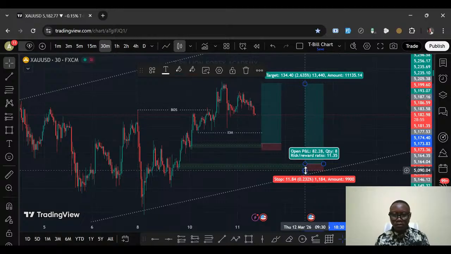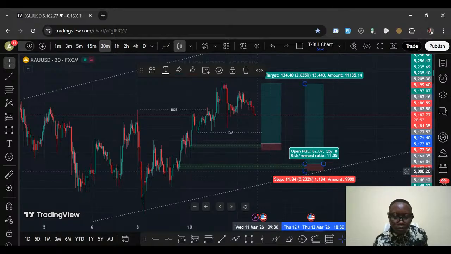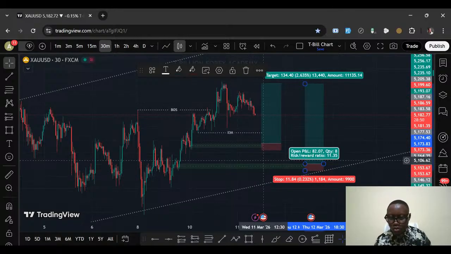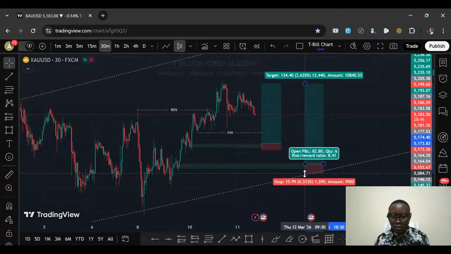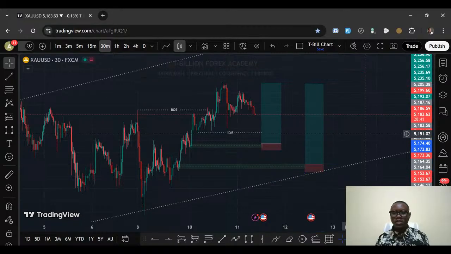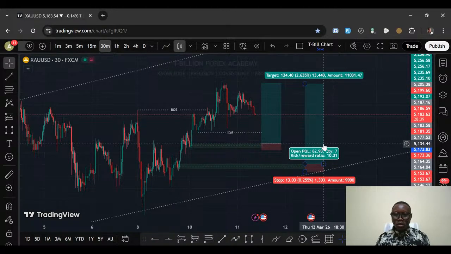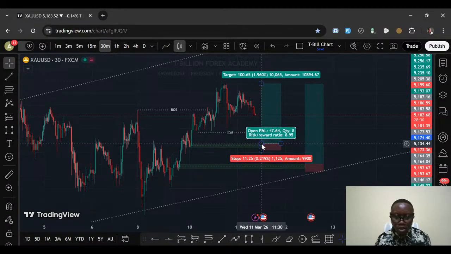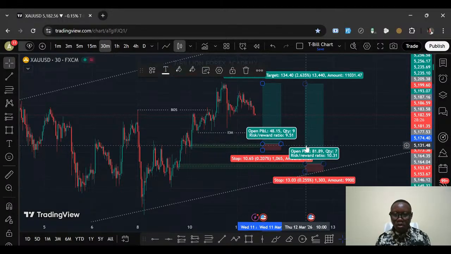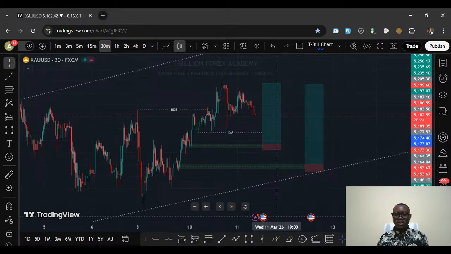So this is 1:11 risk to reward. And this is a 1:9 risk to reward ratio. So we're taking our entry right here.